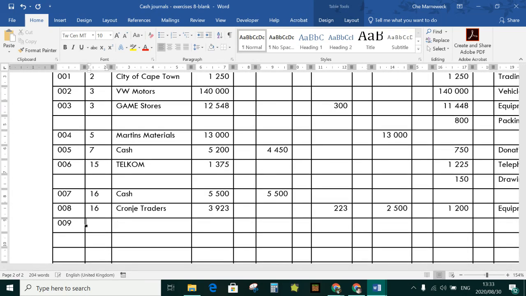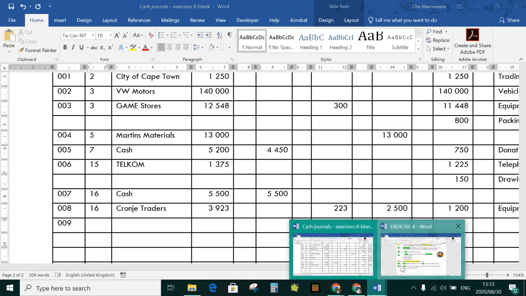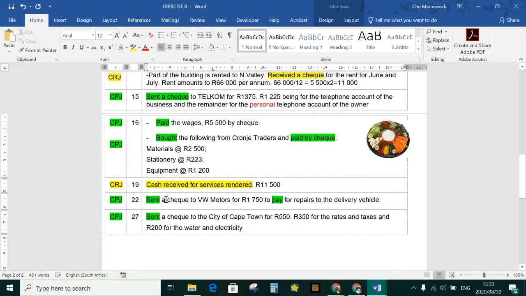Okay, next check number, and it's going to be on day 22. We sent a check to VW Motors for 1,750. That's how much we are paying for repairs to the delivery vehicle. Hopefully you know there are 3 things to do with a car or a truck or lorry.